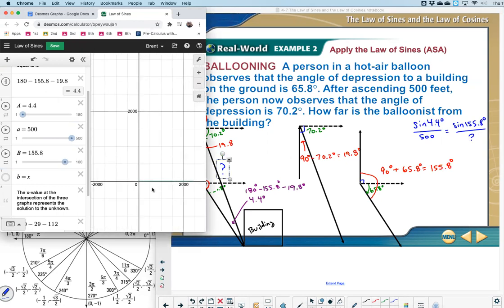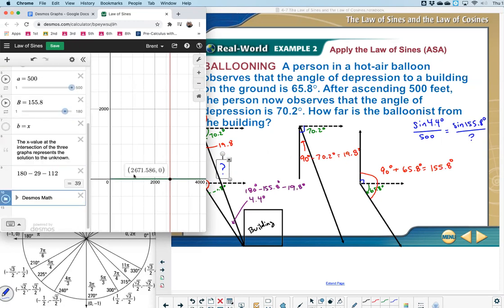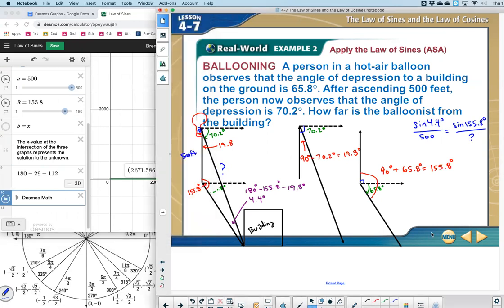When I zoom out, I do get my answer. We're rounding to the nearest tenth today, so I'm going to say 2,671.6 feet is approximately the solution here.